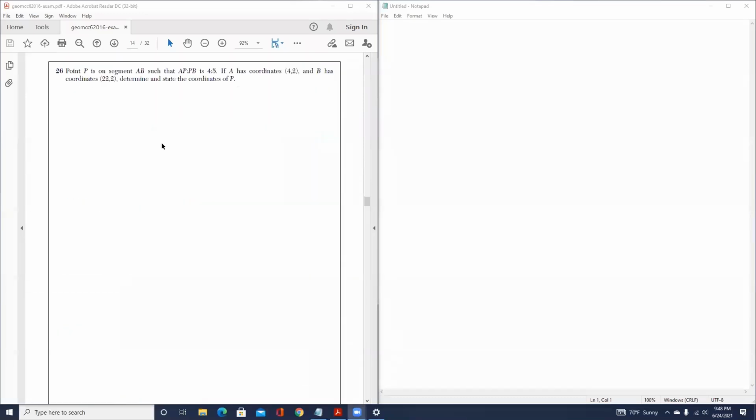So that's fairly straightforward. Point P is on segment AB such that the ratio between AP, PB is 4:5. If A has coordinates 4, 2, and B has coordinates 22, 2, determine and state the coordinates of P. So I'm only going to bother with finding the distance in one dimension because based on these coordinates, we know that AB is a horizontal line.